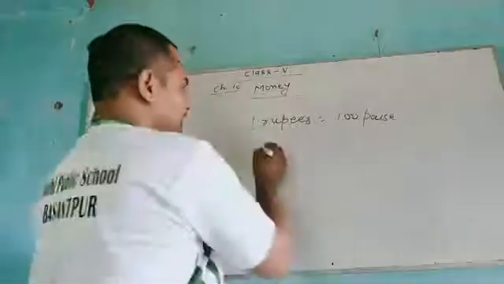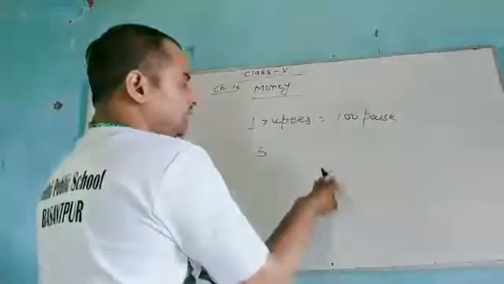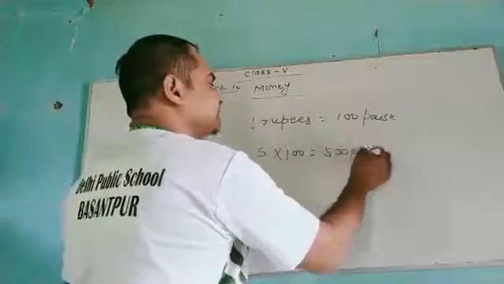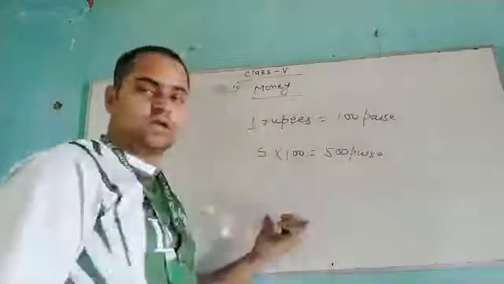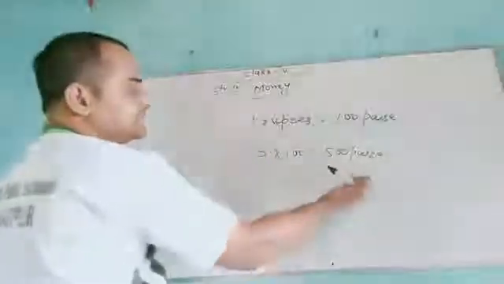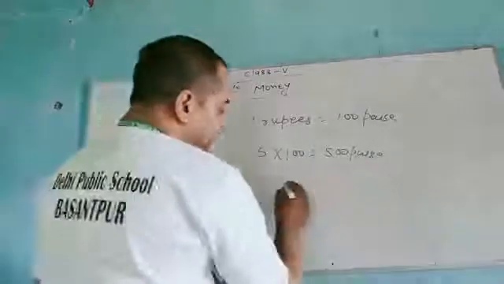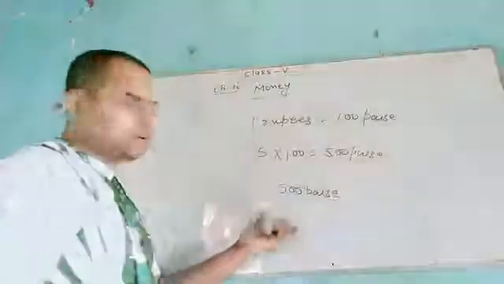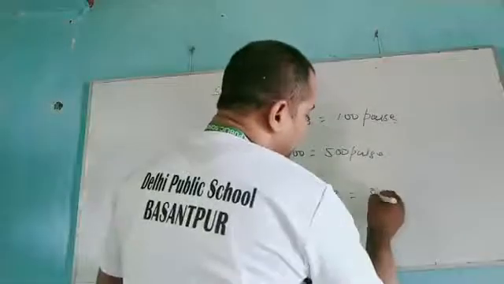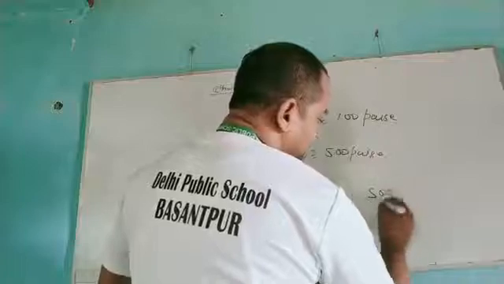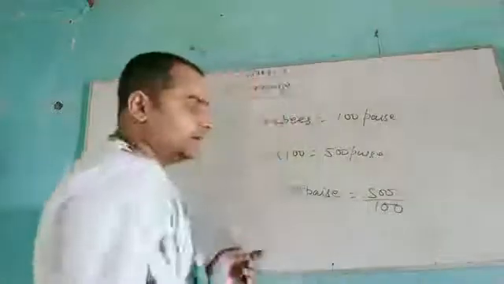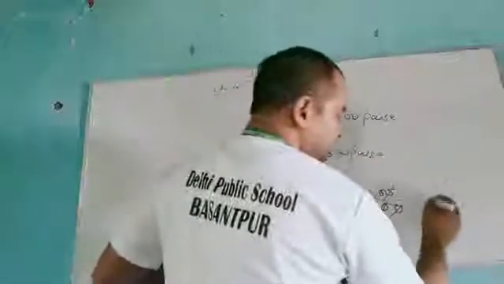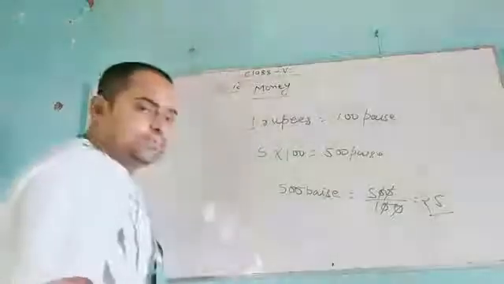Okay. 5 rupees has how many paise? 5 multiply 100. Your answer is 500 paise. Okay, students. And same example, you interchange paise to rupees. 500 paise. How many rupees? You divide 500 by 100 and cross the 0. You find 5 rupees.